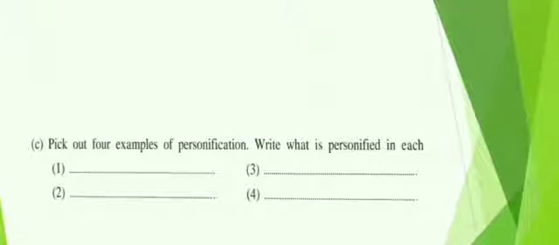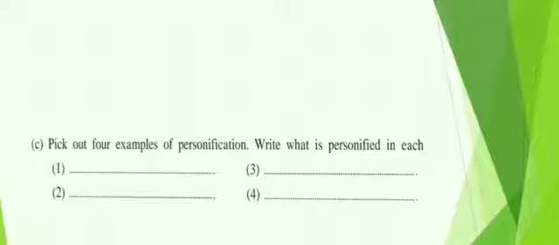Let us see activity C from question 3. Pick out 4 examples of personification. Write what is personified in each. A personification is a figure of speech wherein human qualities are assigned to something that is not human or alive.